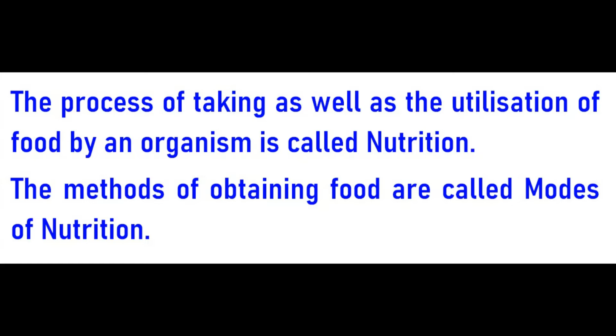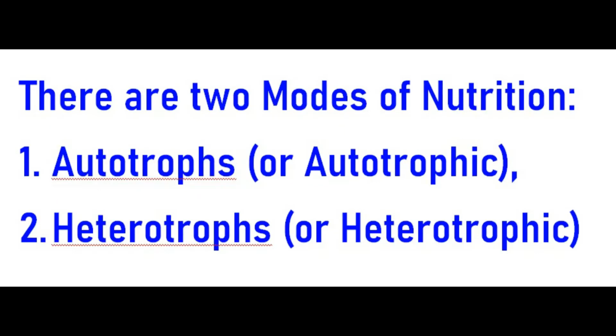Now there are 2 modes of nutrition. Among all the organisms, including plants, human beings, all the animals, there are 2 modes of nutrition. The first one is Autotrophic Mode of Nutrition, and the second is Heterotrophic Mode of Nutrition. Let us discuss them one by one.